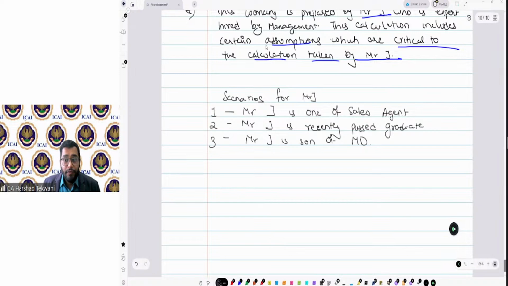What kind of risk you feel in each of the scenarios? For example, in scenario 1, I feel that this kind of risk is there because Mr. J is this. In scenario 2, I feel this kind of risk because Mr. J is this. So what risk are you thinking will be there in each of the scenarios?